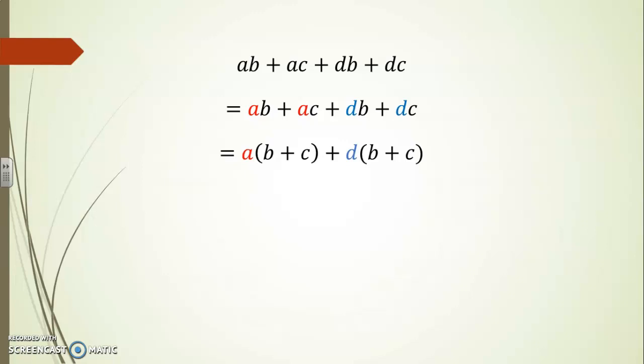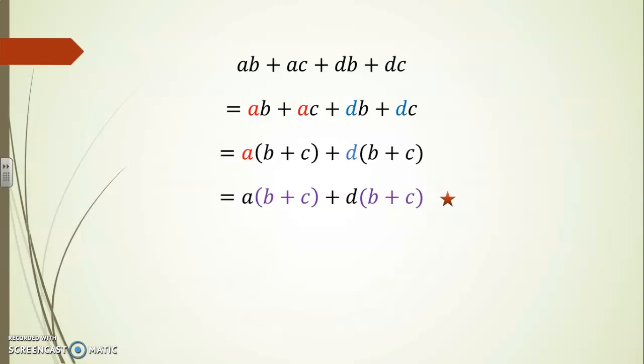Now here is where grouping will either prove to be efficient or will fail to work. What has to be left behind are terms that are now similar, or in fact they have to be identical. Notice how after extracting the A and the D from the first and second pair of terms, we've left behind common B plus C expressions.